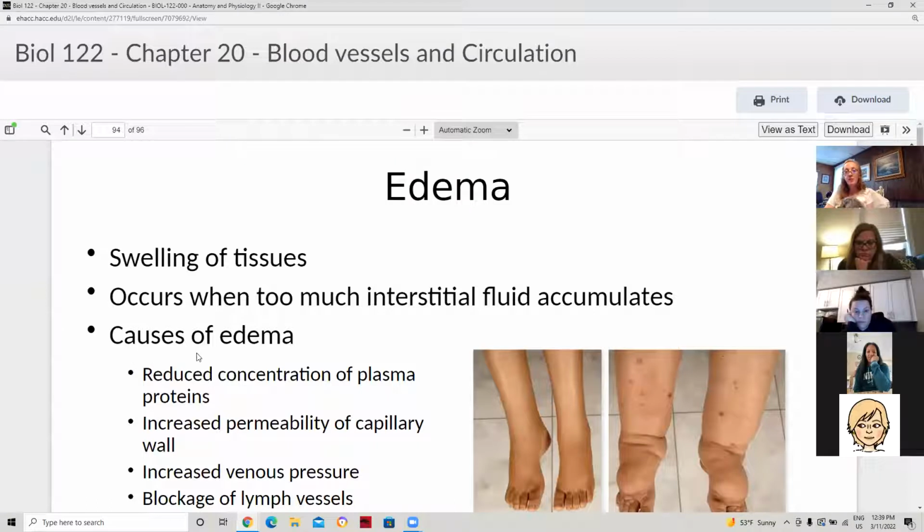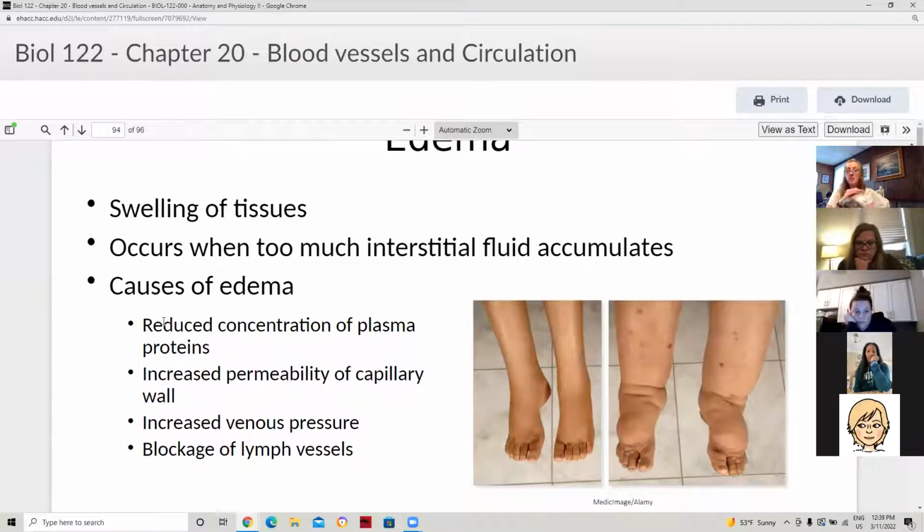Edema, swelling of the tissues, occurs when there's too much interstitial fluid. So there's a reduced concentration of plasma proteins. This would be like the guy in liver failure.